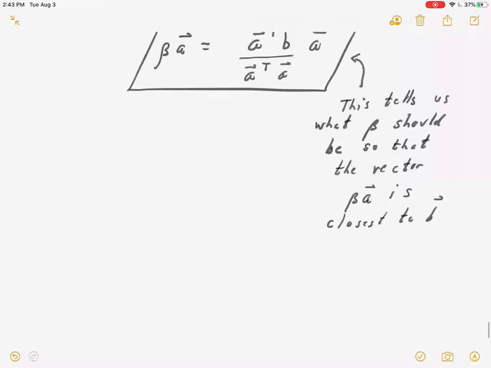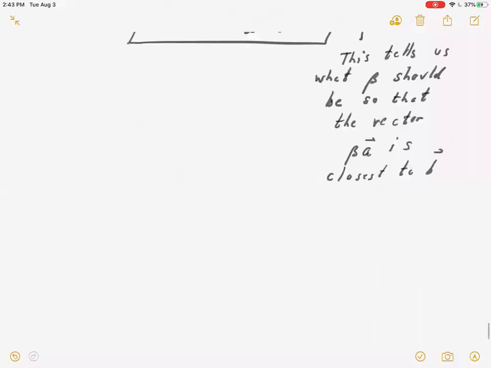Now let's step back for a minute, go back to the original problem, and see if we can get a better idea of what we've actually discovered. So here's our origin O. Here's our vector A. Here's our point B. But points are vectors.